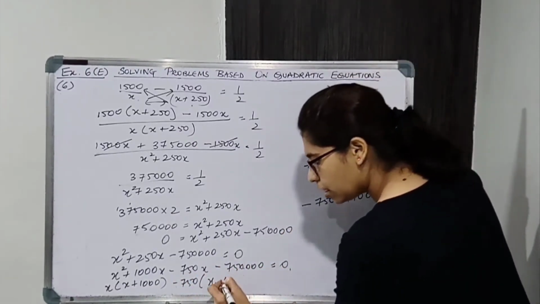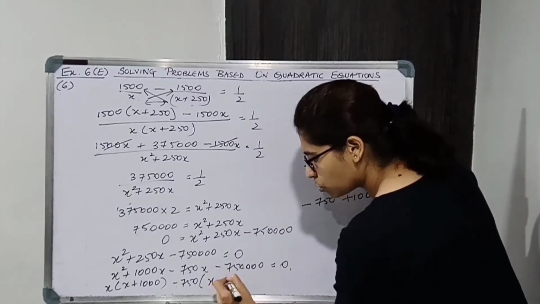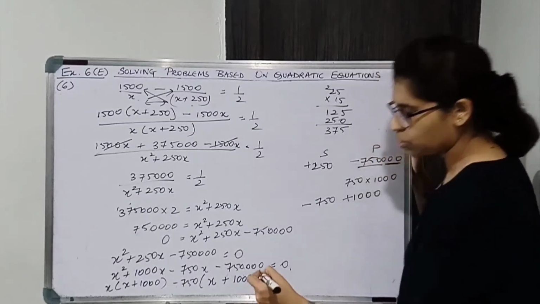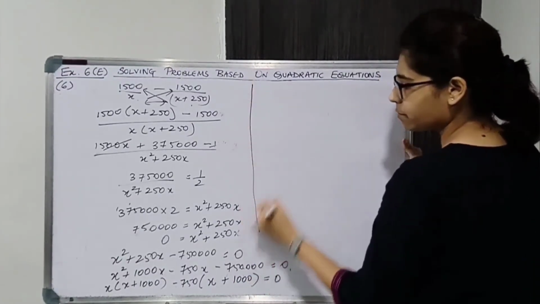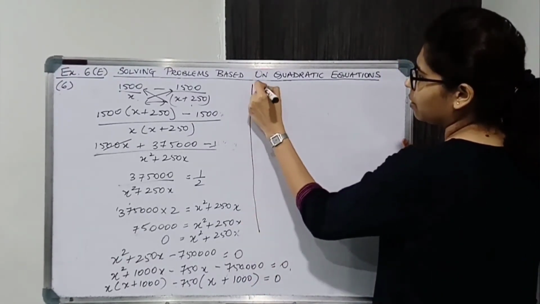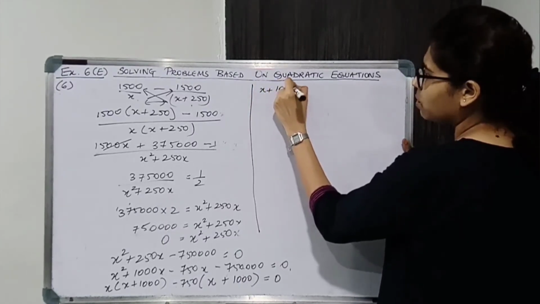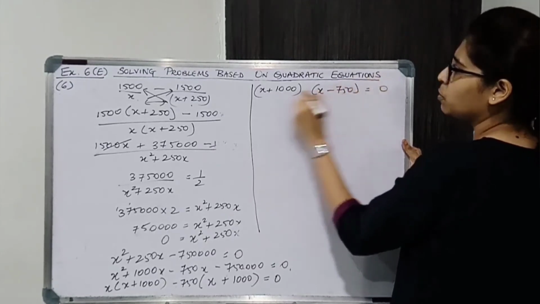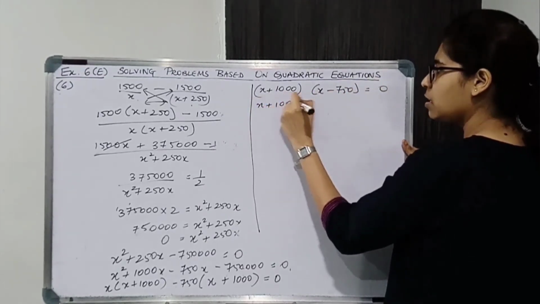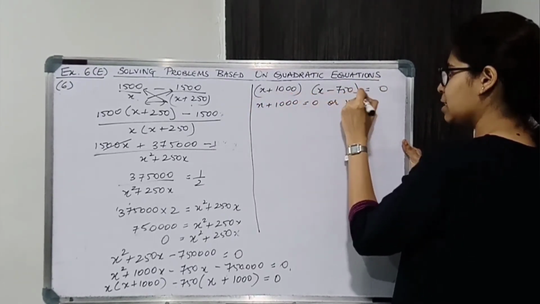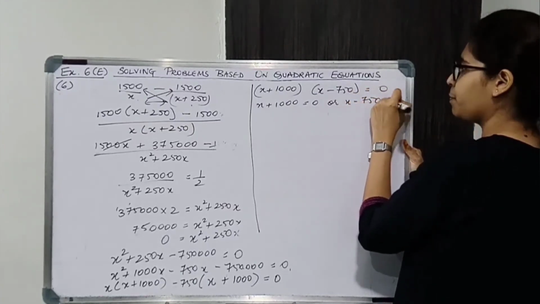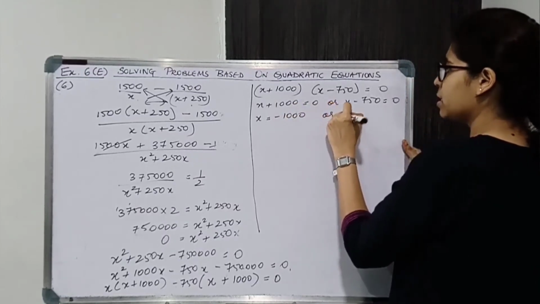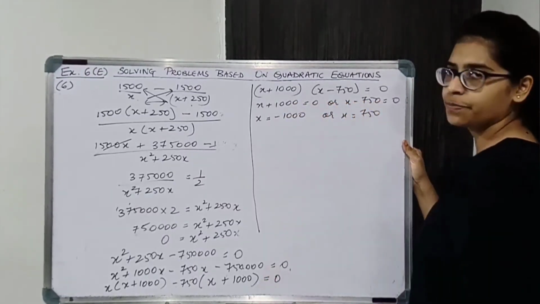So 750 into 1000, okay, so plus 1000 will remain here, okay, is equal to 0. So we'll get x plus 1000 into x minus 750 is equal to 0. So x plus 1000 is equal to 0 or x minus 750 is equal to 0. So x is equal to minus 1000 or x is equal to 750.